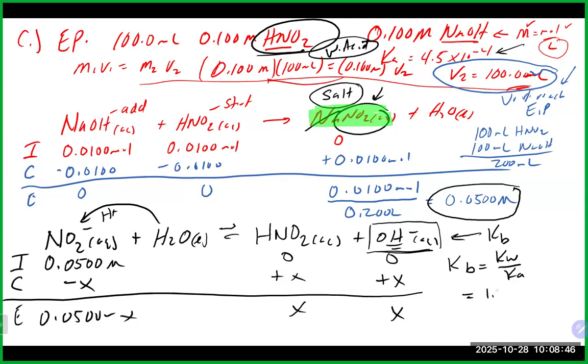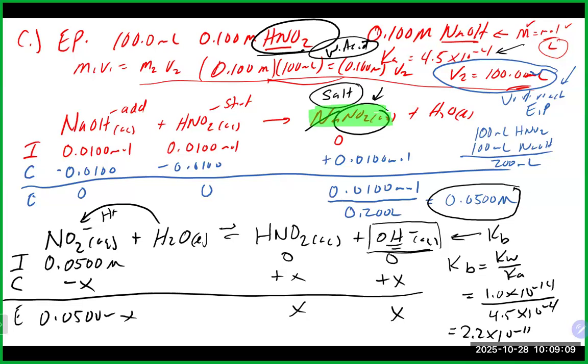And that's going to give us 1 times 10 to the minus 14 divided by, looks like 4.5 times 10 to the minus 4. If I punch the right numbers, it might get us something. 2.2 times 10 to the minus 11.